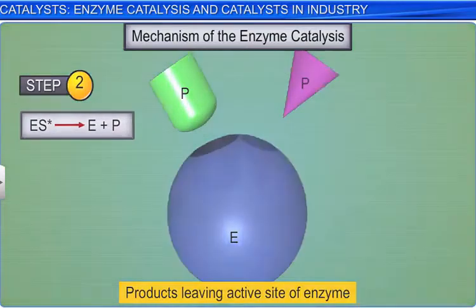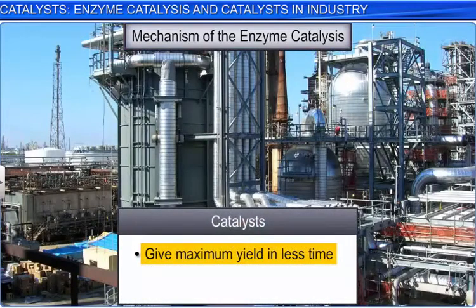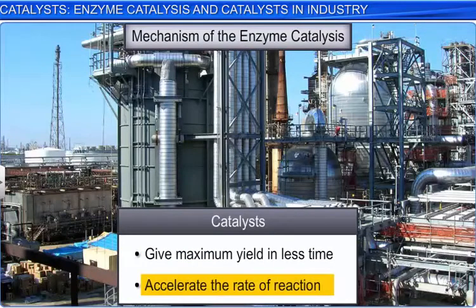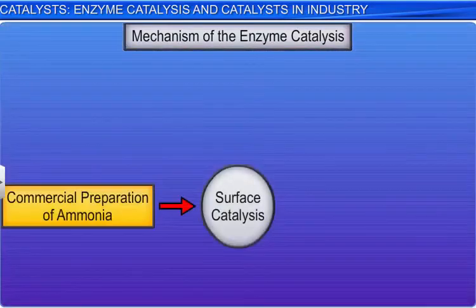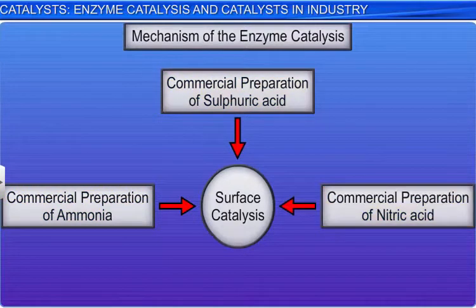In order to procure the maximum yields of the product in the least time, chemical industries use catalysts to accelerate the rate of reactions. The commercial preparations of ammonia, sulfuric acid, and nitric acid are also based on the phenomenon of surface catalysis.